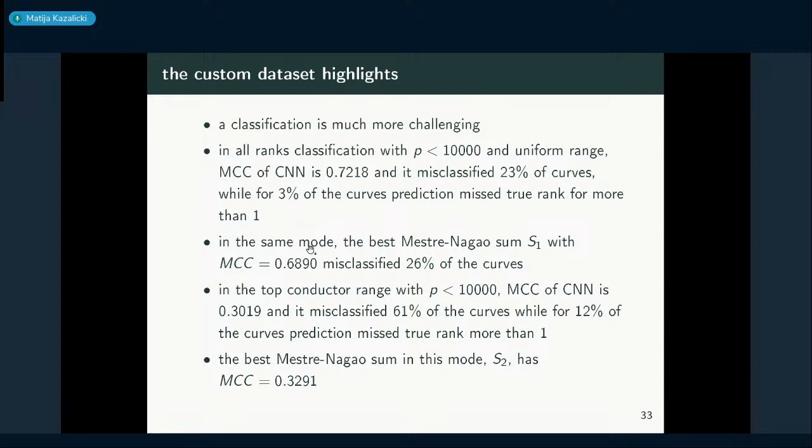In the same mode, the best Mestre-Nagao sum misclassified 26% of the curves. In the top conductor range, MCC of CNN is 0.3019, and in this case it misclassified 61% of the curves, while for 12% of the curves the prediction missed the true rank by more than one. And the best Mestre-Nagao sum in this mode, S2, has MCC of 0.3291.